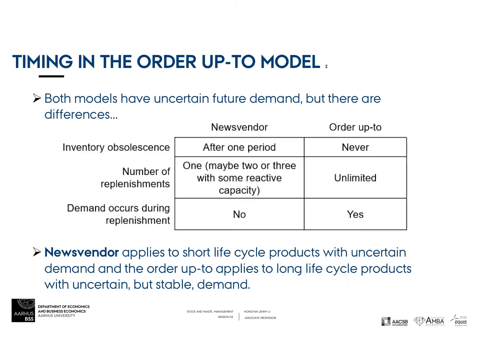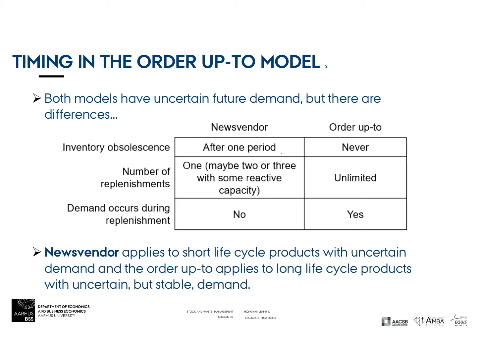Here we quickly compare the news window model and the order up to model to help you understand the difference between the multiple period models and the single period models. First, the news window model is a single period model. After one selling period, the inventory is obsolete. The order up to model allows the product to be sold over a longer selling period or multiple periods.